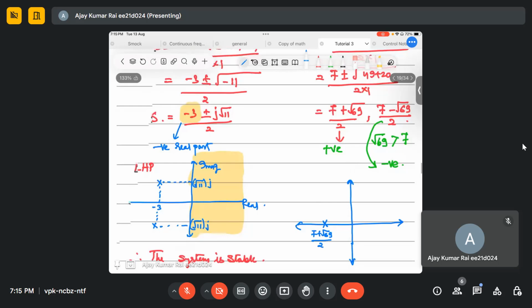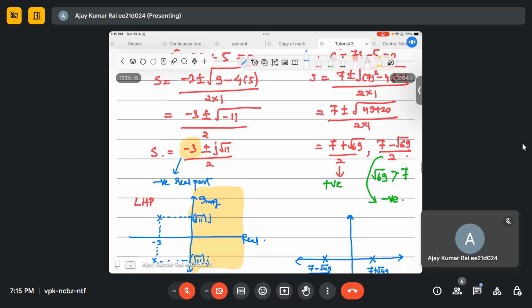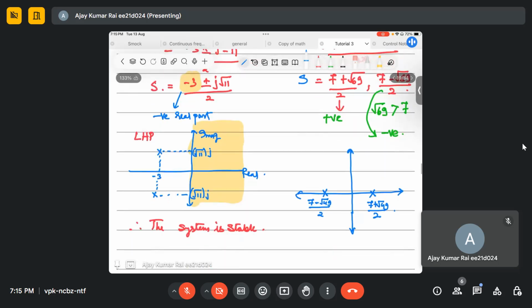So it will be 7 minus root of 69 and this will be 7 plus root of 69 by 2, right? This is s equal to. So what is happening? You see here, one pole of the closed loop transfer function for the positive feedback is lying in the right half plane.